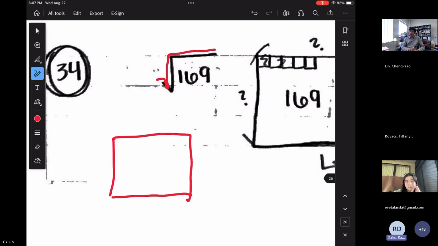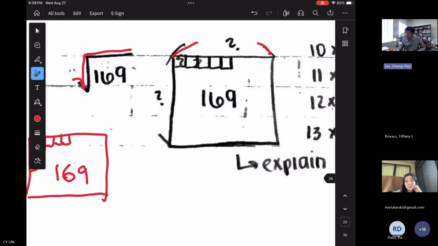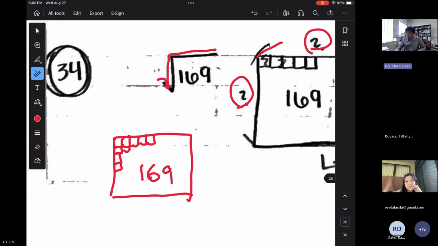So what does square root mean? I'm going to draw a square, and 169 is the area of this square. Square root means we are looking for the length of this side, because it's a square.